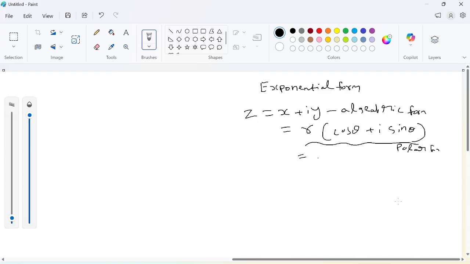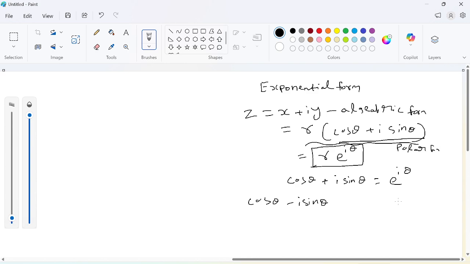Okay. And exponential form, I can write it as r e power i theta. That means this cos theta plus i sin theta, I am writing it as e power i theta. So what will be cos theta minus i sin theta?